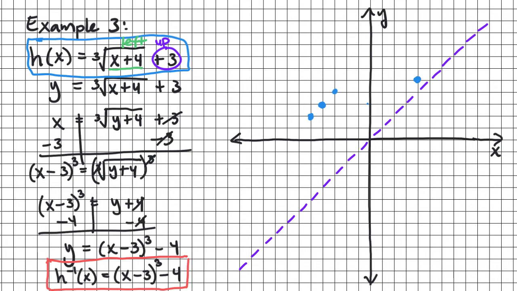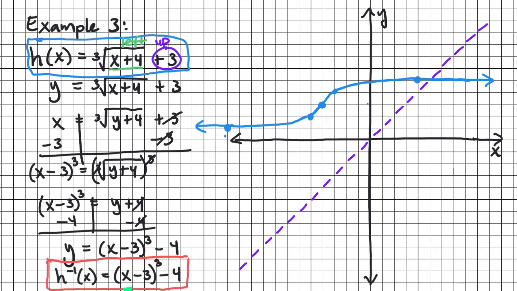And the other way, 1, 2, 3, 4, 5, 6, 7, 8, 1, 2. And then so we graph the following function. So that's the original function.